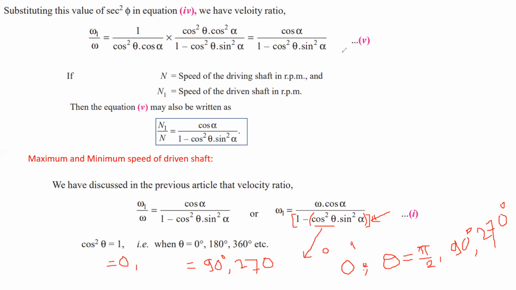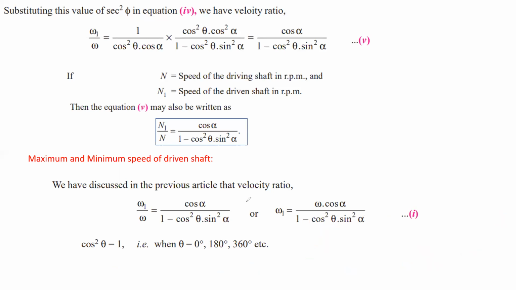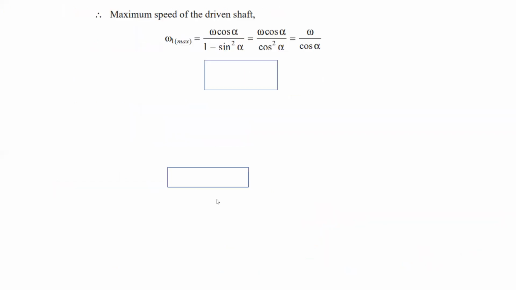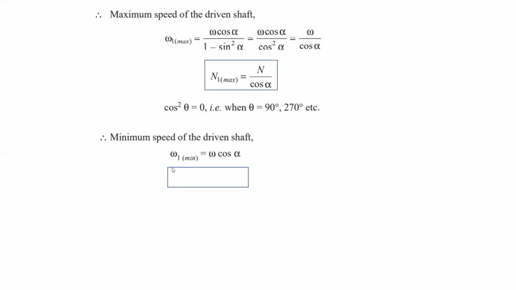Okay. So let us see. It is the maximum value, and for minimum value cos square theta should be 0. So it is the minimum value of omega 1. Omega 1 minimum will be omega into cos alpha, or in terms of RPM, n1 minimum will be equal to n into cos alpha, where alpha is the angle of inclination between the two shaft axes, like this.